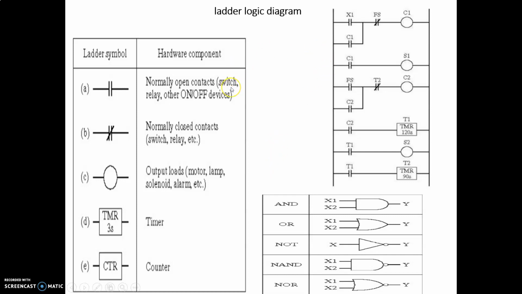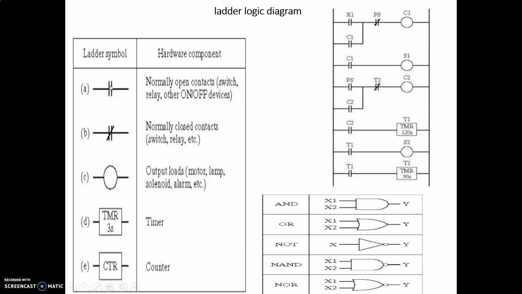Everything is now being shown by certain symbols, so we need to understand what the different ladder symbols are. This logic diagram and the ladder symbols come in sequence. Just try to understand what the symbol means here. Look at the first symbol. You can see we have a horizontal line, and that horizontal line is disconnected by two vertical parallel lines.